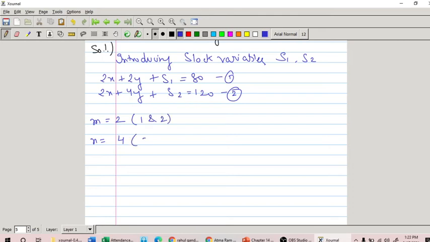What are these variables? x, y, s1, s2, and the basic solution concept says that out of these, n minus m, हमें इसको 0 रख के आगे बढ़ना है. So this is your 2.